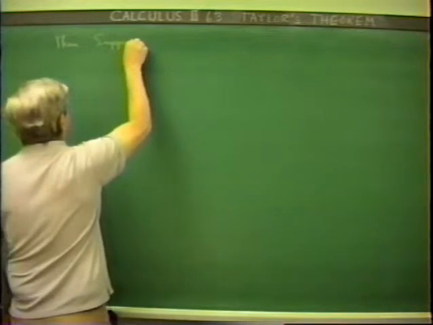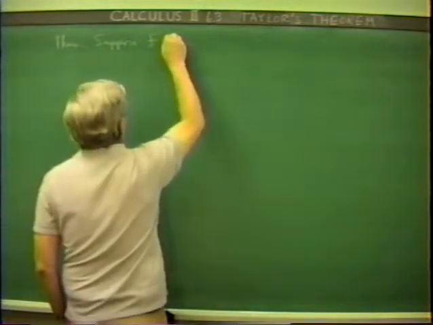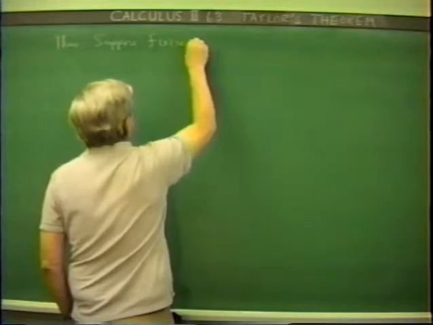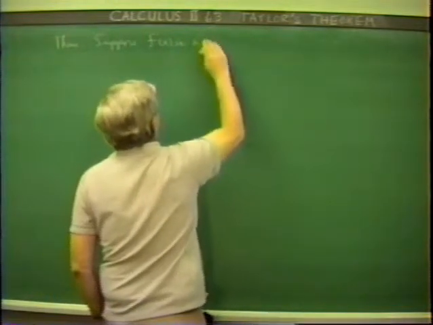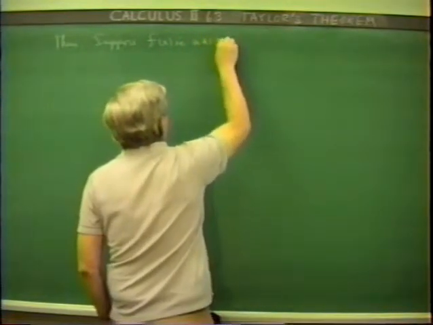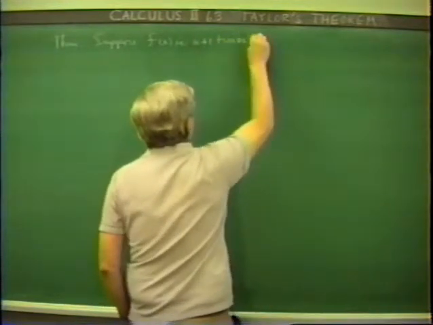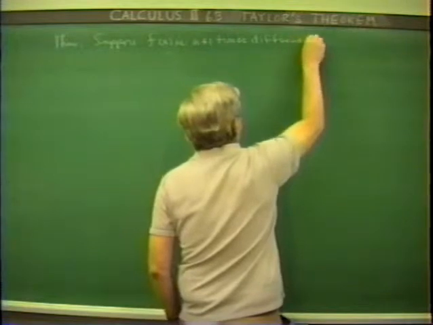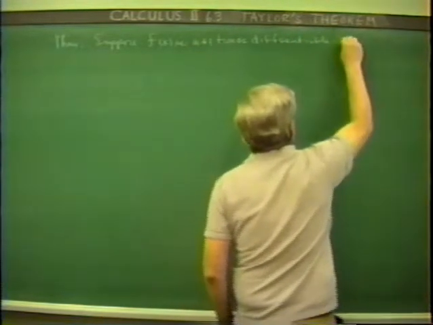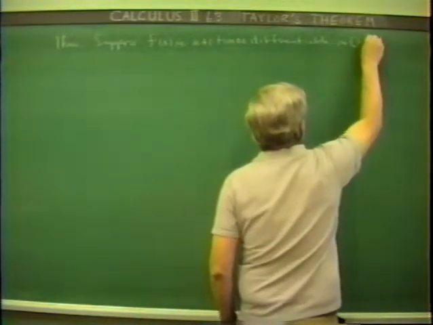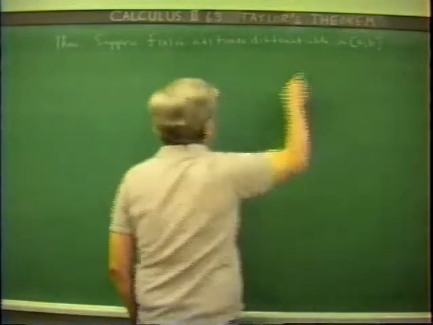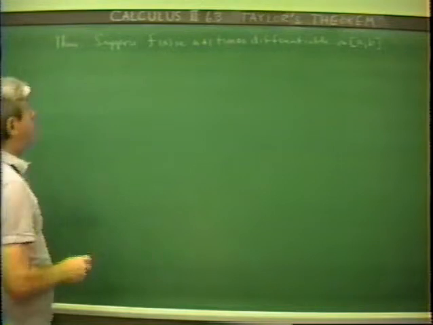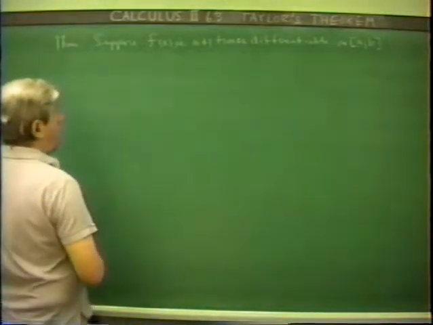Suppose that f of x is n plus 1 times differentiable on closed interval AB. Now we're going to work to the right of A, but you could also work just as easily to the left, for example, of B here.